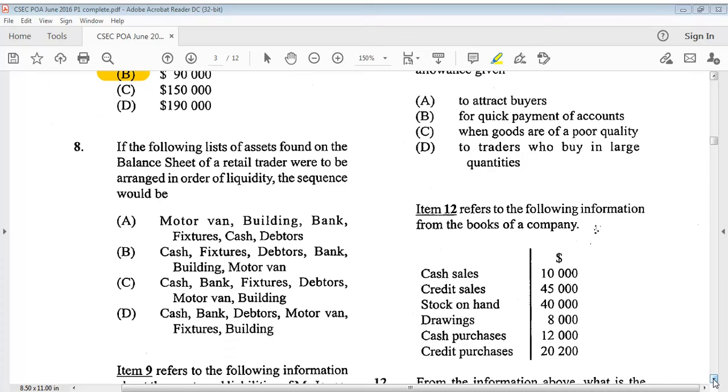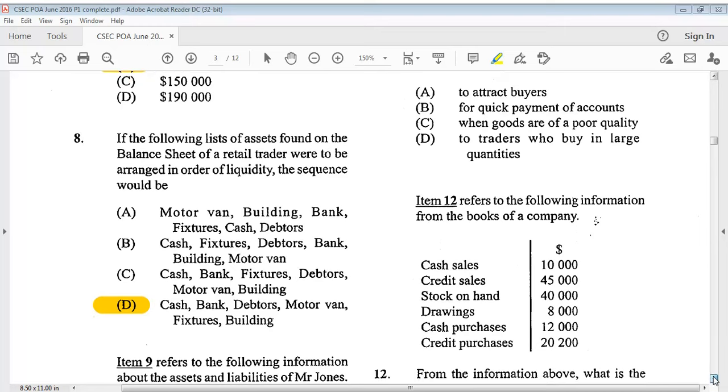We know cash, yes, then bank, right? Then we would have debtors. Debtors would come before fixtures. Then motor van, fixtures, then building. Okay, so D would be our answer, the order. So we always know that order of liquidity begins with cash, as stated earlier.